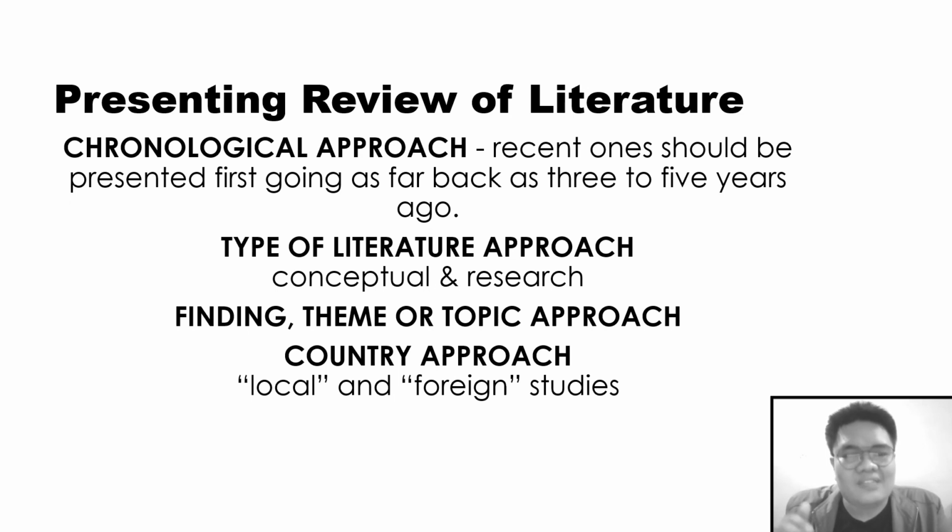Then review of related studies. Under the review of related studies, your independent variable is subtopic 1, and your dependent variable is subtopic 2. So if you have several variables under study, all of these variables should have subheadings under your review of related literatures. That will be all for this topic.